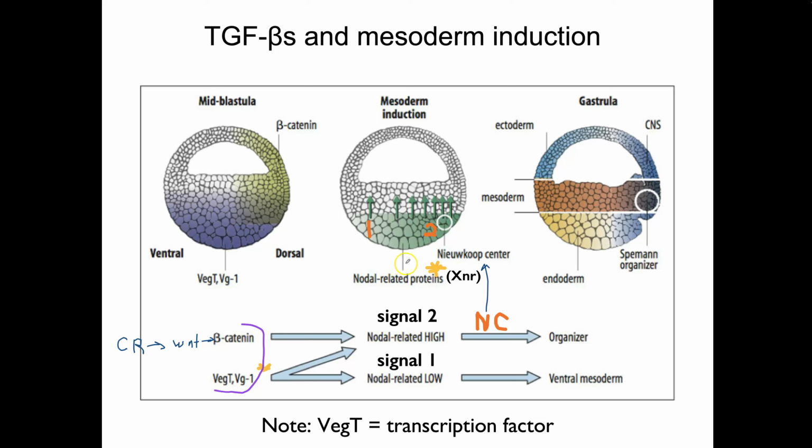There are some early ones as well, but for the most part, the early steps are all maternally provided signals. So you want to remember a little bit about what VegT and Vg1 are doing, and what ectodermin and FoxI1 and all that kind of stuff from the previous lecture.